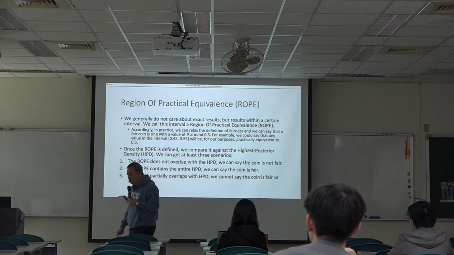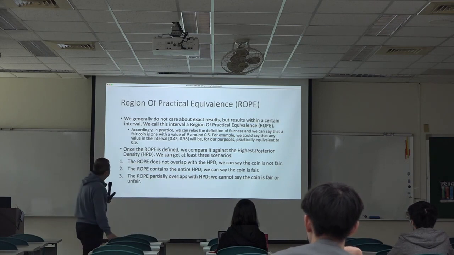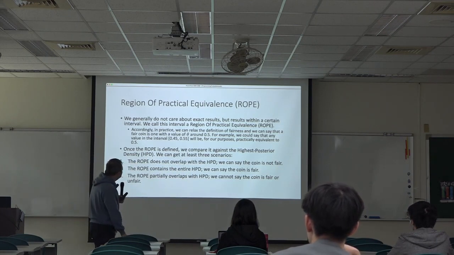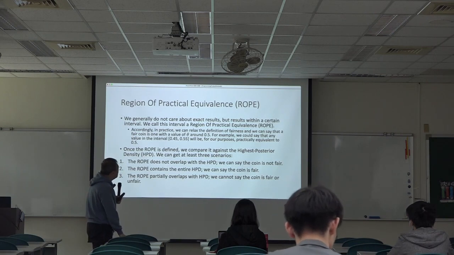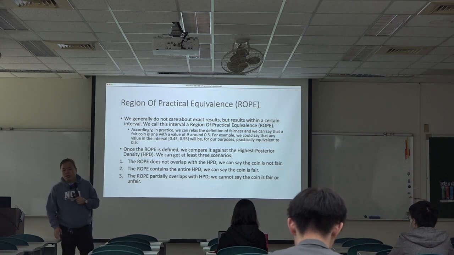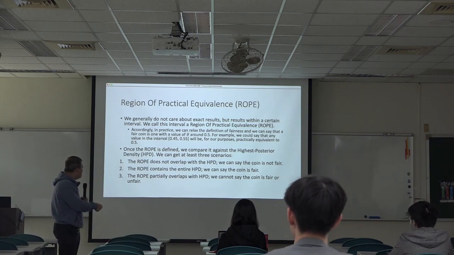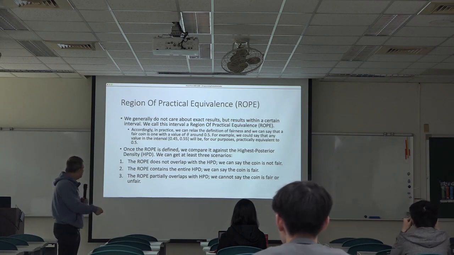In this interval we consider the results practically equivalent, so that's why it's called the region of practical equivalence. Once the ROPE is defined, we compare this ROPE against the HPD.